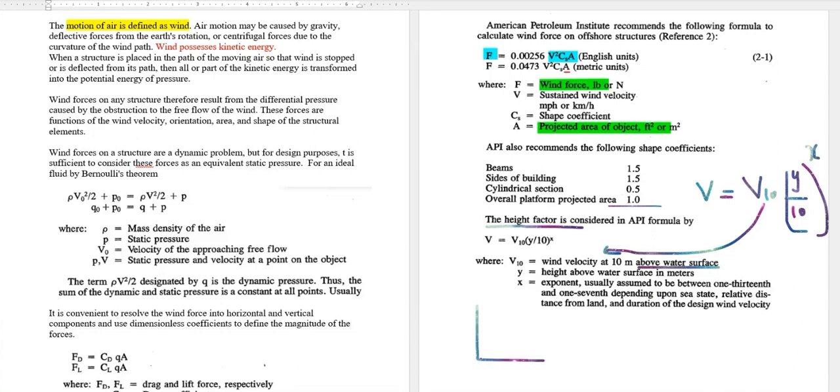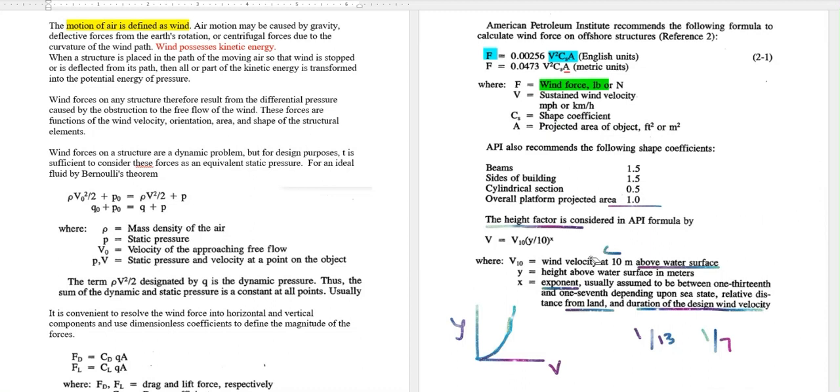So velocity increases when the height increases, that's y by 10 power x. X is the exponent, usually assumed to be between 1/13 and 1/7, depending on the sea state, relative distance from land, duration, and the design wind velocity also.